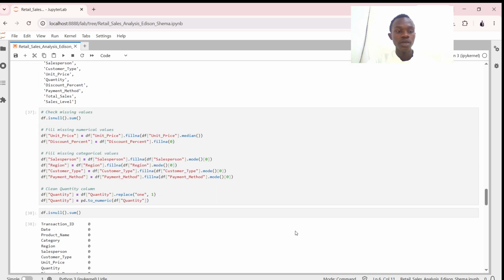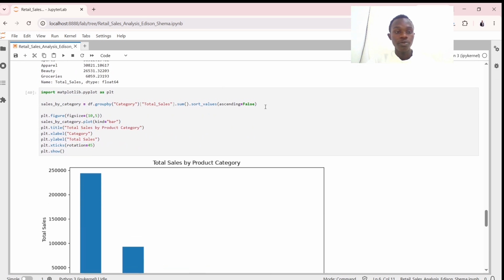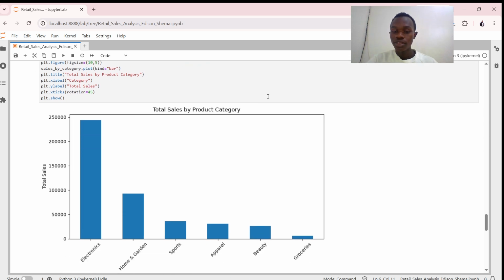Okay, here we go. These results showed that electronics generated the highest total sales, approximately 243,937.67, making it the strongest performing category in the dataset, as you can see.